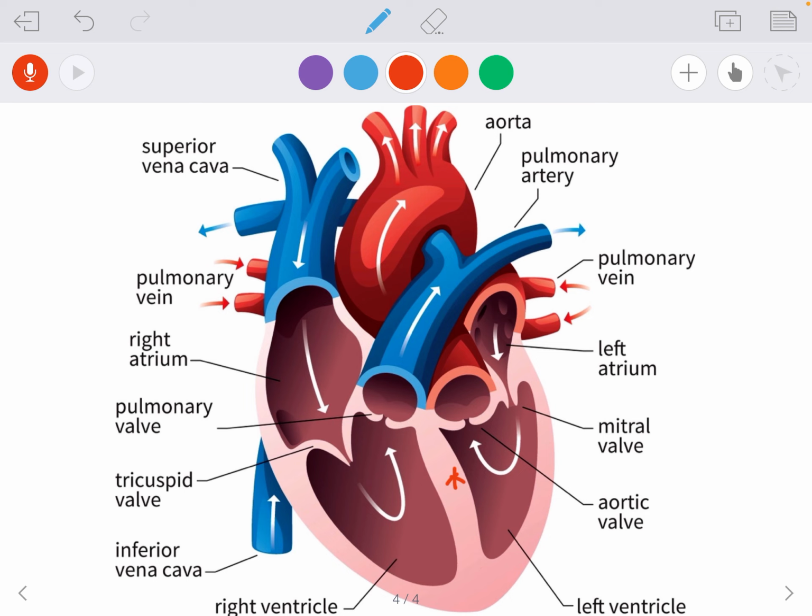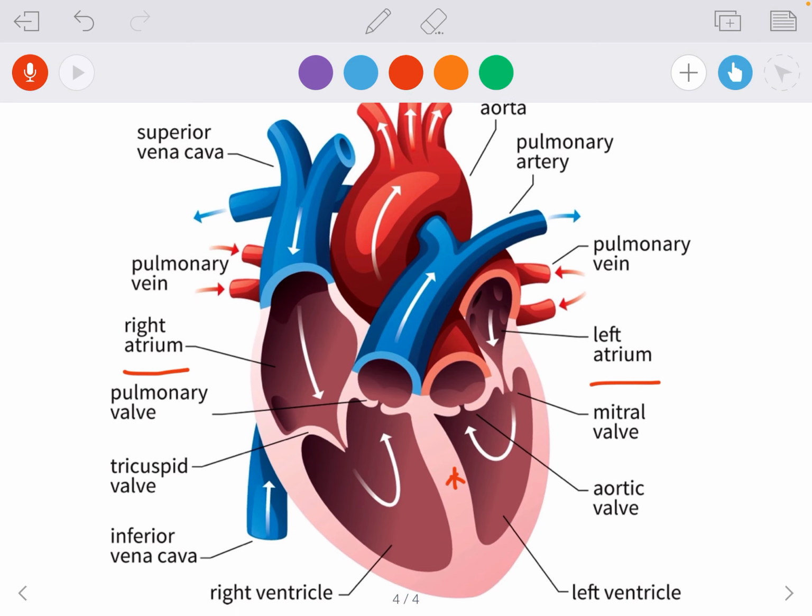In each half there are two chambers. The upper two chambers are called atria, or atrium singular. So there is the right atrium and the left atrium. The lower two chambers are known as ventricles, the left ventricle and the right ventricle.